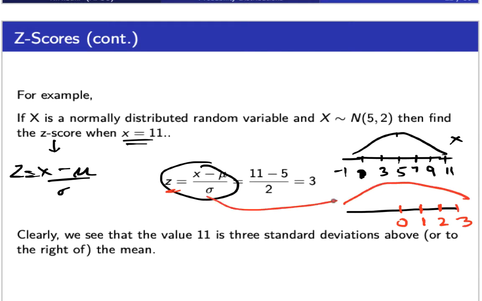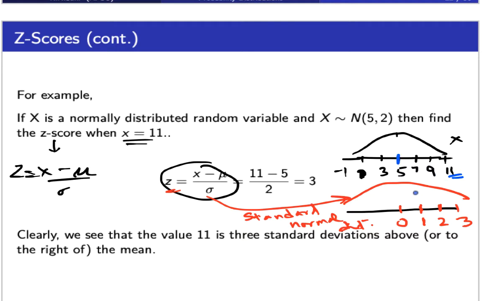This is the standard normal curve, or normal distribution. So when we ask what 11 is, my 11 is 3 standard deviations above the mean 5. Do you see it over here?